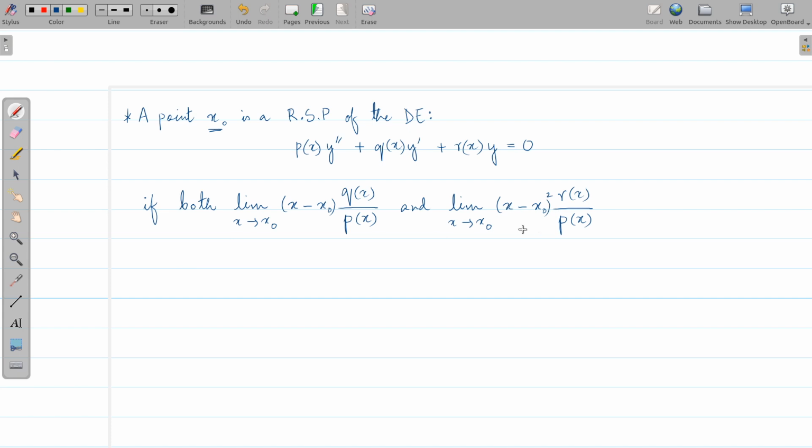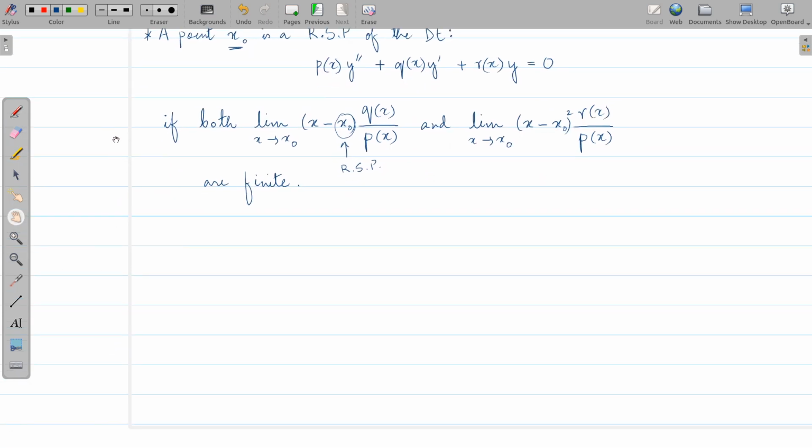If both of these limits are finite, then this point is a regular singular point.